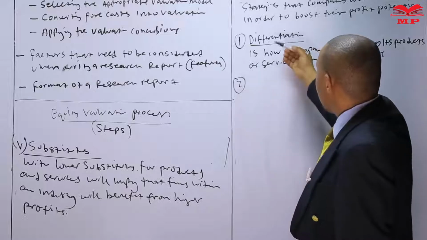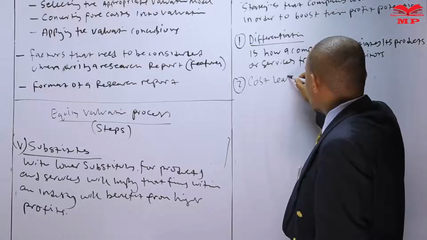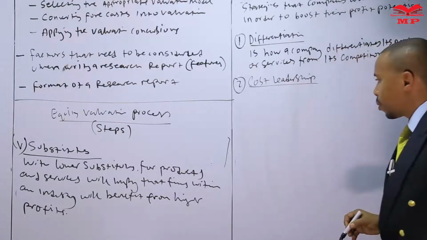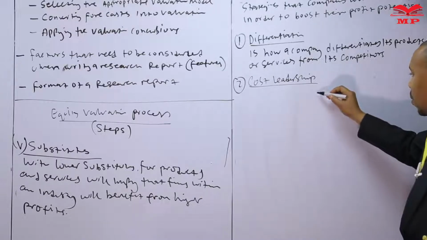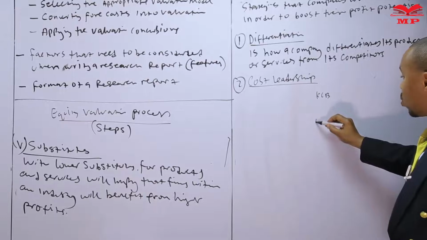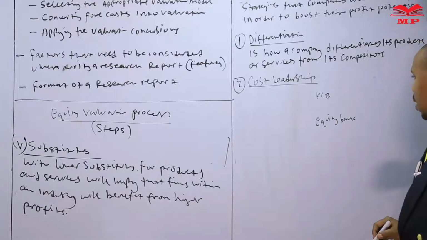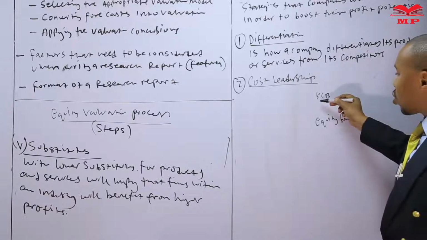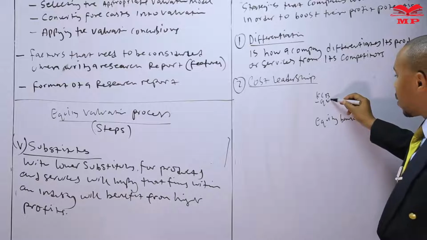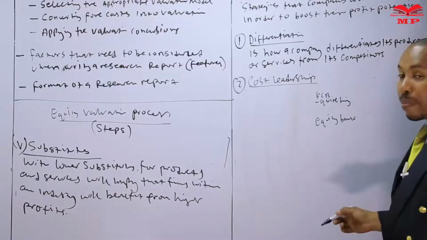Number two, there was differentiation. This other one is cost leadership. Now, using the same example, KCB, instead of Cooperative Bank I could use Equity Bank. KCB, in terms of cost of accessing their services, might be quite high as compared to Equity Bank.